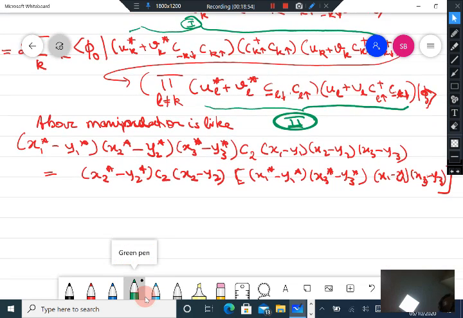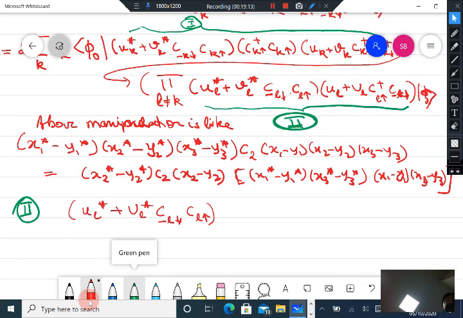So let us consider term 2. Term 2 basically has something like (u_l* + v_l*) c_{-l}↓ c_{+l}↑ (u_l + v_l) c_l↑† c_{-l}↓†, acting on the vacuum state φ0.